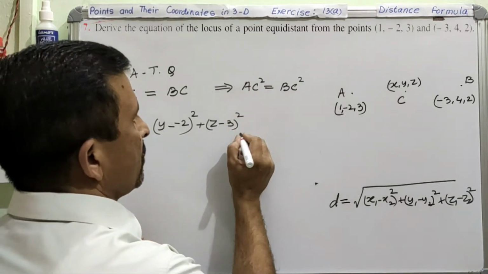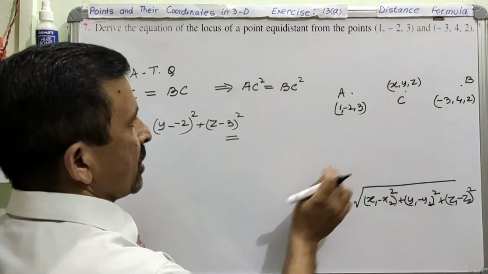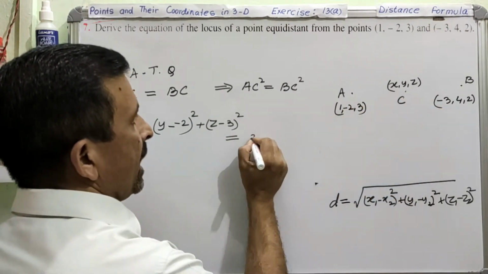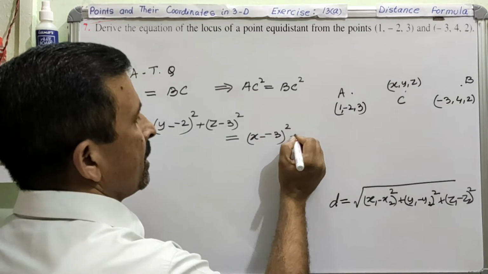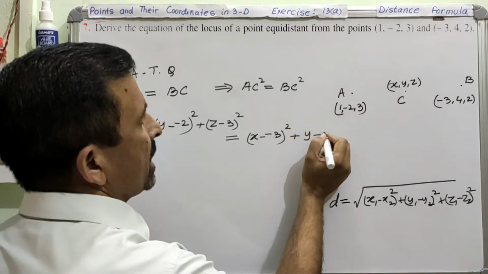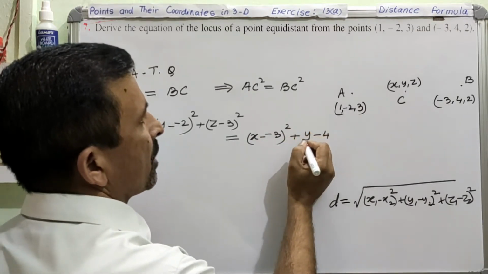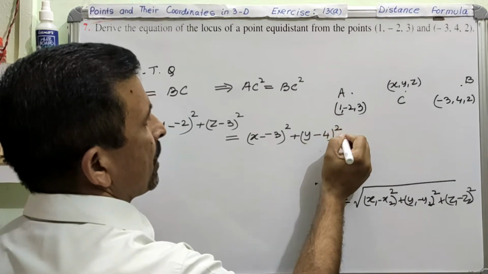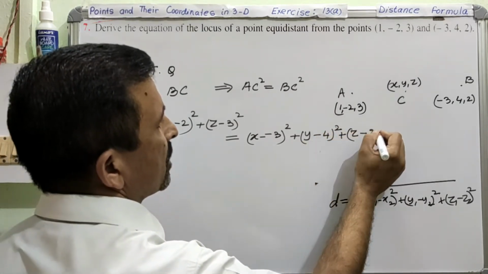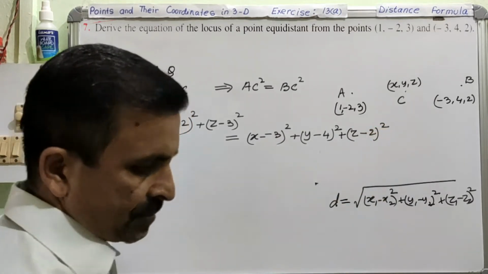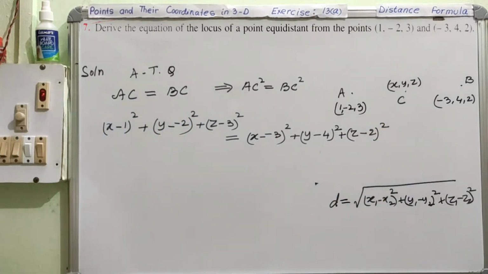Now likewise we will write the value of BC square. BC square is x minus minus 3 whole square plus y minus 4 square plus z minus 2 square. Is it all right? Okay.